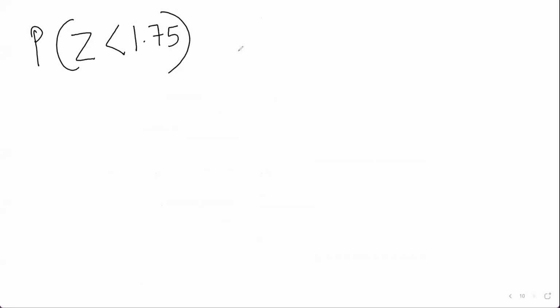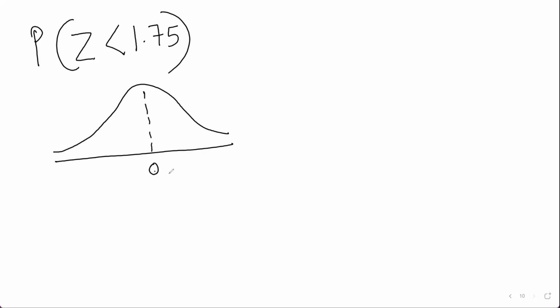So what are you asked here? On a standard normal, 0. These are the z values. So if this is 0, where is 1.75? Somewhere right to this, right? So this is 1.75. They are asking, is it less than 1.75? So they are asking this particular probability. Make a sketch කරගන්න. Sketch කරපු ගමන් හරි ලේසි.